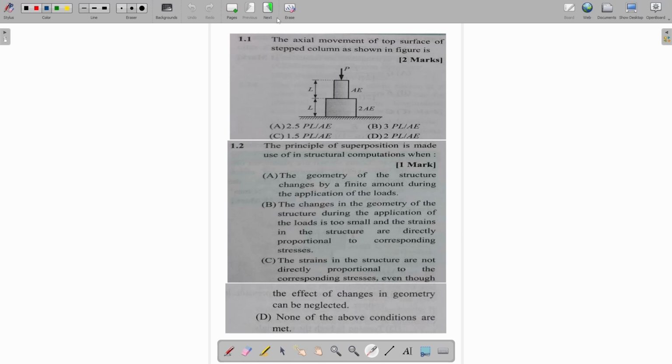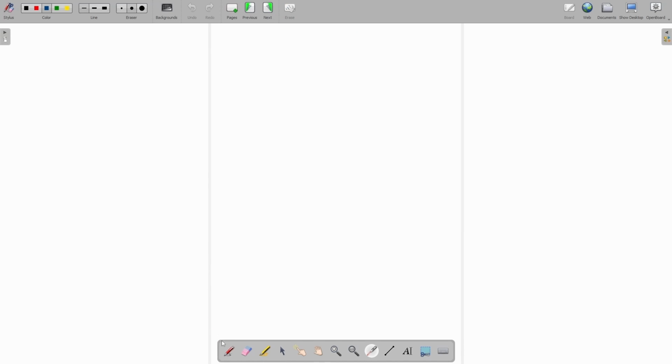So for the solution of this, the first question came in the year 1989 by IIT Kanpur. What we are required to find is the axial movement of the top surface.